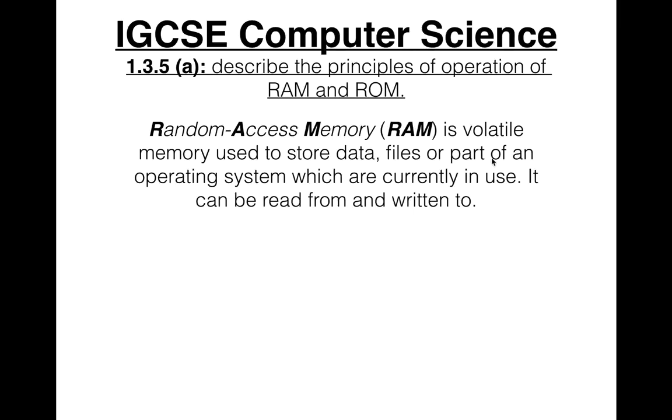What that means is it's temporary memory. So the contents of RAM are lost when the power to the RAM is turned off. So it doesn't stay there. It's just stuff that's currently in use.